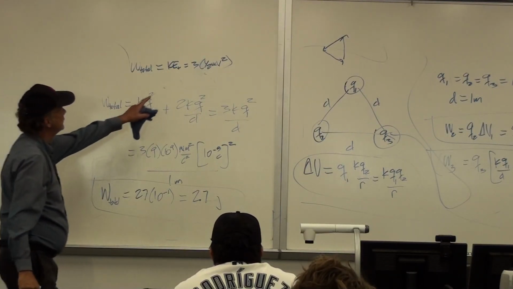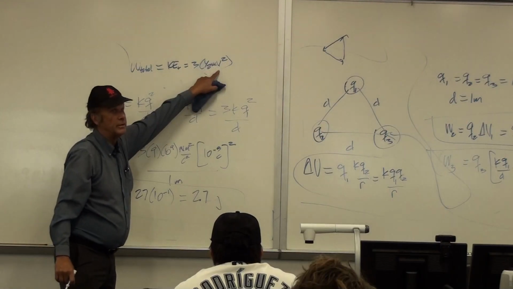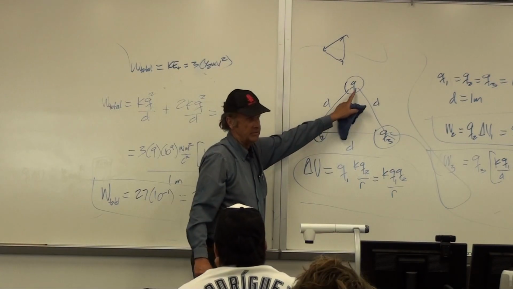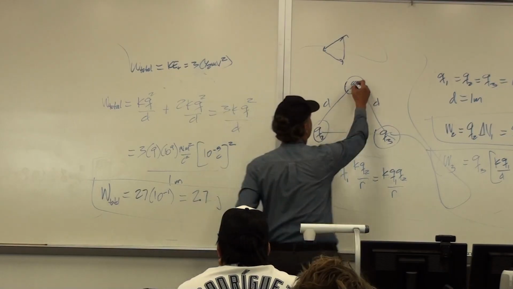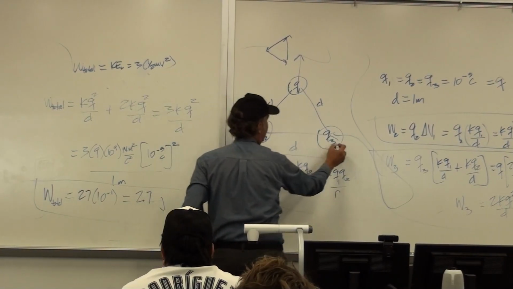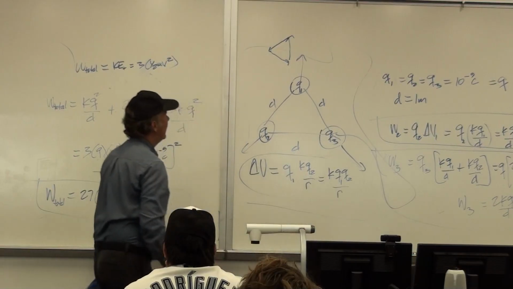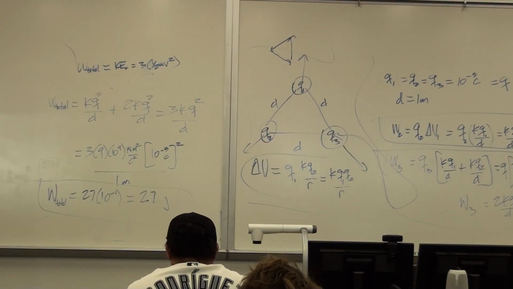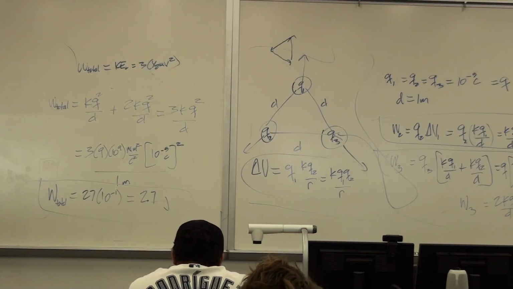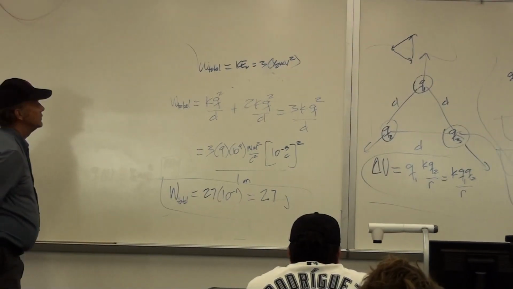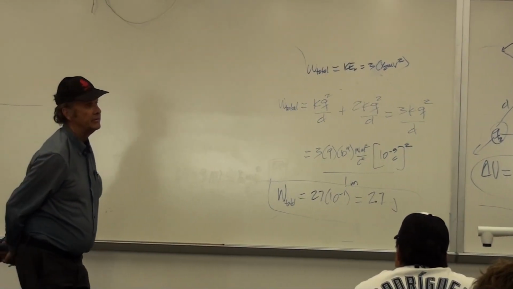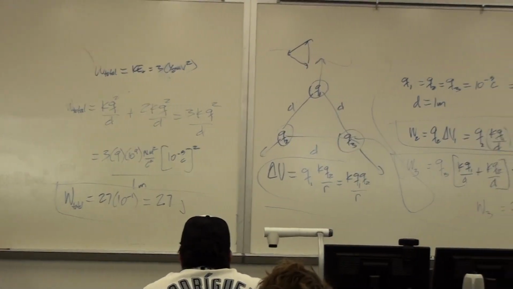And then you could find the velocity of each one of those, and it'd be equal if you had equal masses and equal charges to start out with. This one would take off that way, this one that way, this one that way. And that would be it. So you can figure out the velocities of those things if you let them go. I'm not going to do that here, but you could do that. Are there any questions about that?